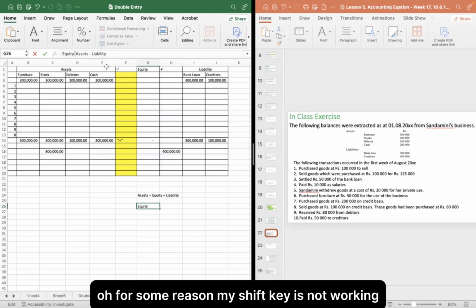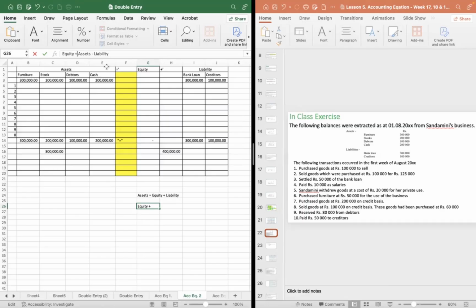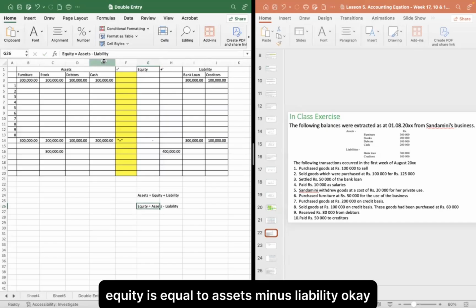For some reason my shift key is not working. Let me copy it. Okay, equity is equal to assets minus liability.